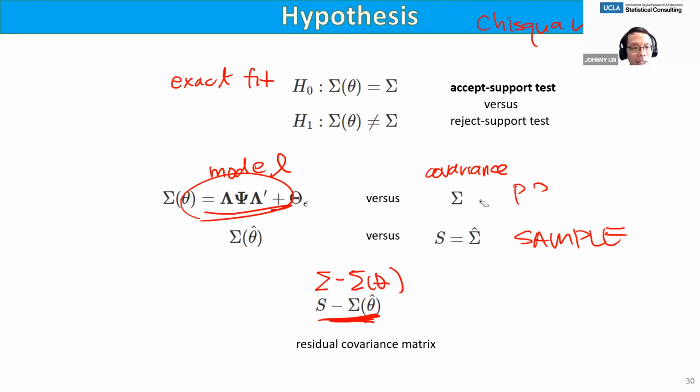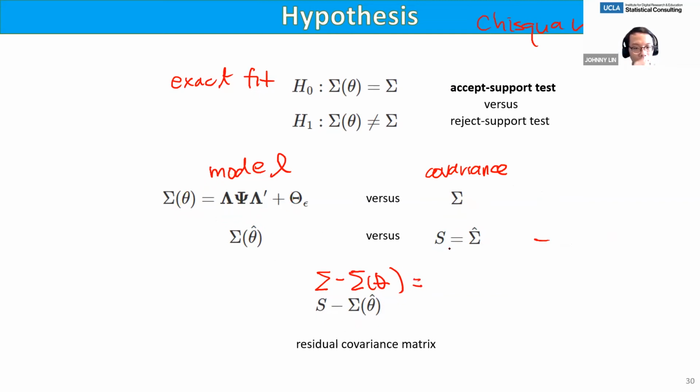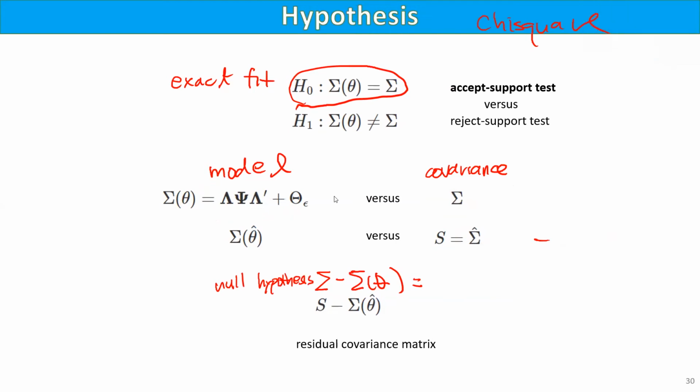In the population, what is the difference of sigma minus sigma theta? Look at the null hypothesis. Under the null hypothesis. Yeah, it's 0. Good job. Oops, sorry. But that's a great response.